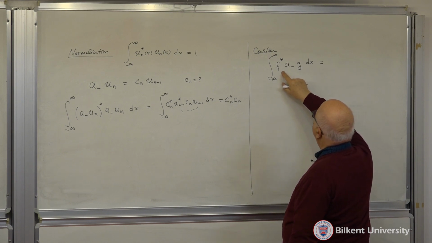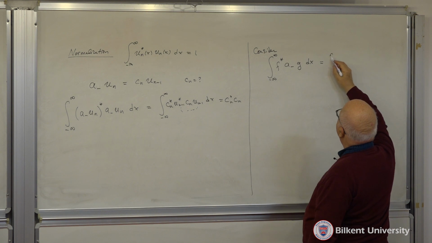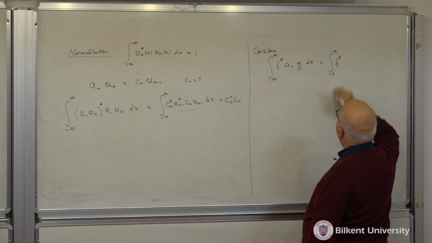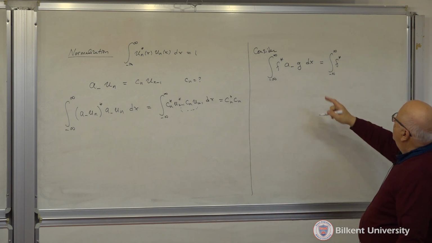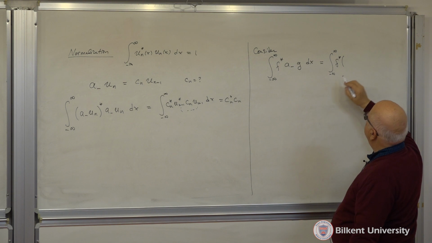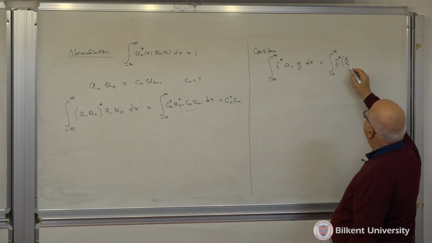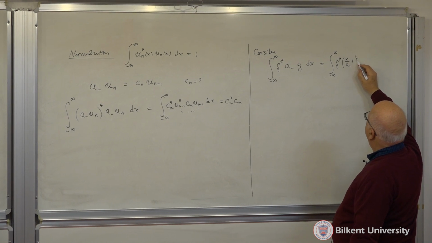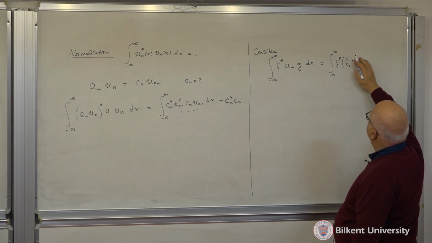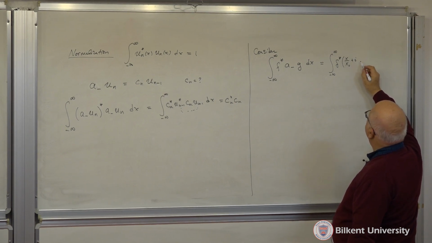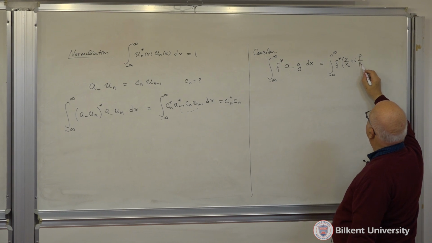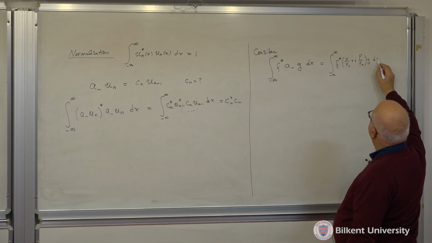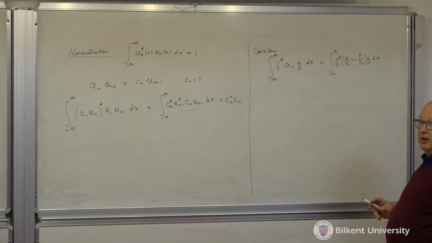I'm going to have an integral minus infinity to infinity f star of A minus, which is, remember, x over x0 plus h bar over i times p over p0, g dx. Let me do it slowly, otherwise I'll make mistakes.